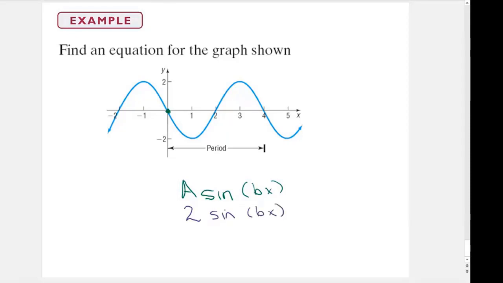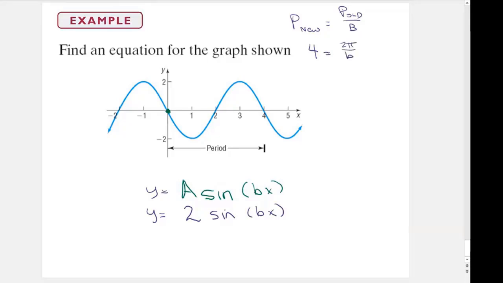And now I need to find b. How would I find b? The new period on this graph is 4. The new period is p old over b. What's the original period for sine? 2 pi.